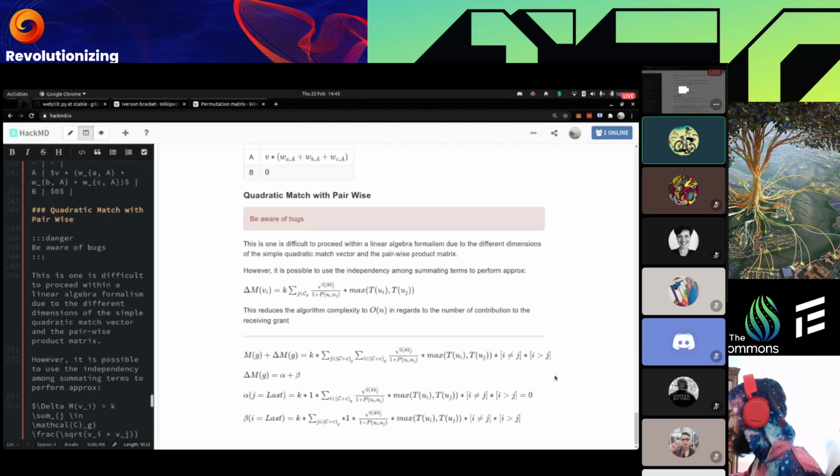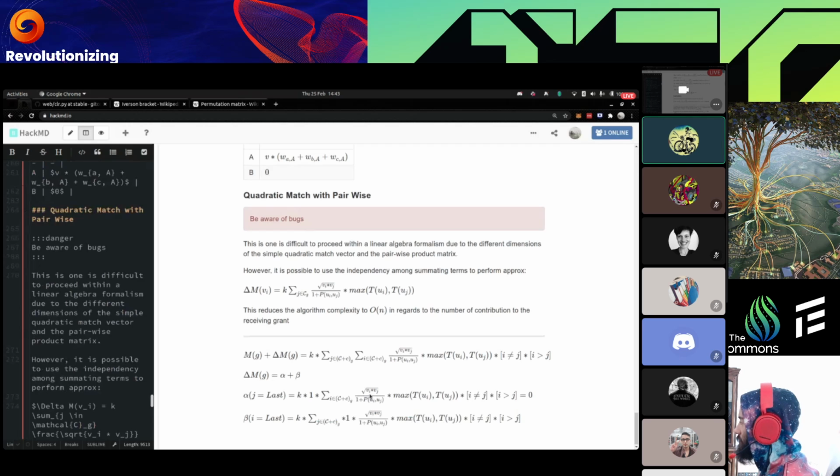So let me think how this affects things. Yeah, and also there is the problem of the pairwise dots that affects everyone at once. I mean, because we have a coupled problem here.